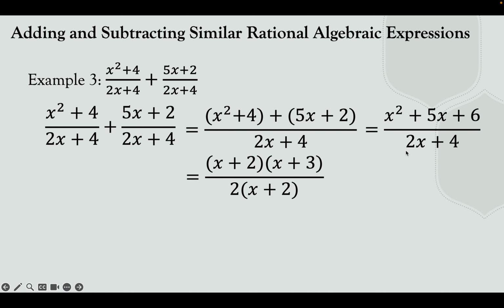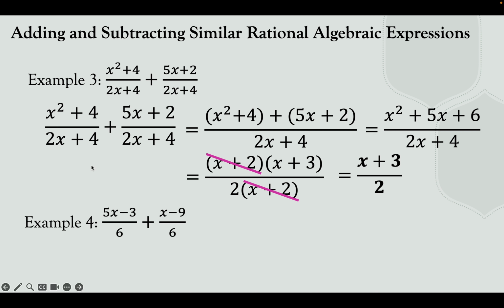For the denominator, their GCMF is 2, so the other factor is x plus 2. All you need to do is cancel out the same terms in the numerator and denominator, which are x plus 2 and x plus 2. Now the remaining terms in our given expression are x plus 3 over 2.